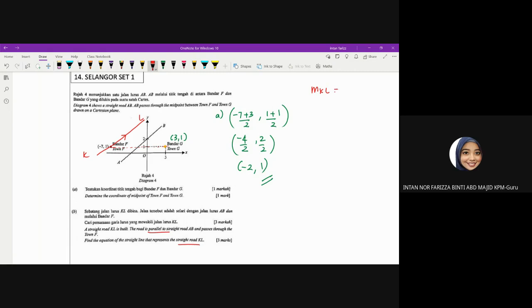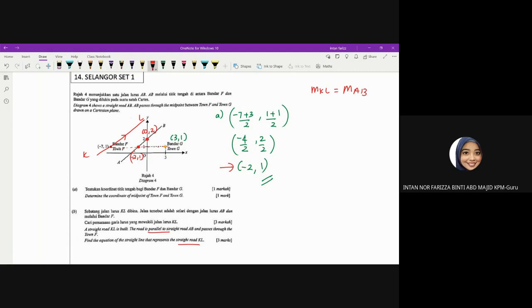So we need the gradient of AB. Can we do that? Yes, it is possible. Why? Because this one is actually 0, 2, and this one is actually negative 2, 1, the one that we got previously. There must be a reason why you have to find this one. It's for you to find the gradient.